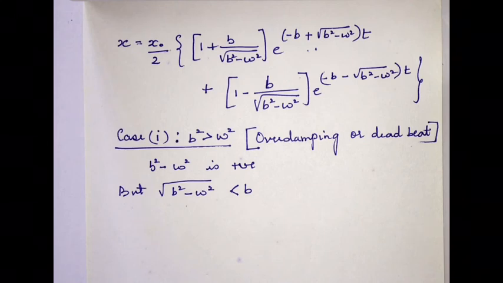The example for this is the motion of a pendulum in a highly viscous liquid, where if the pendulum is taken to the maximum displacement position, it will simply come down slowly to the rest position, the equilibrium position, with respect to time and will not oscillate anymore.